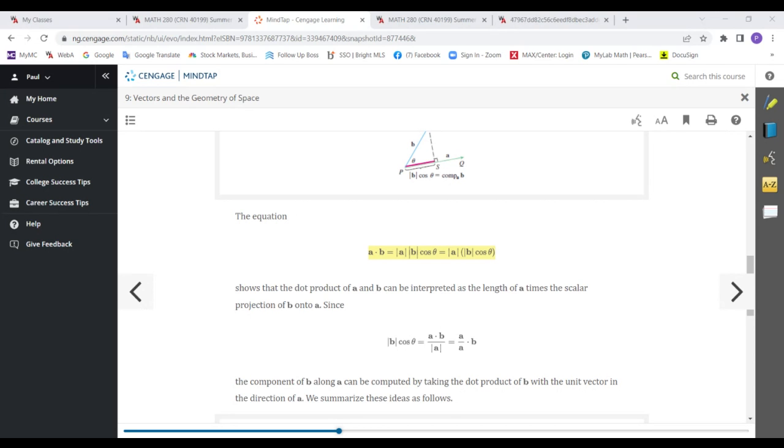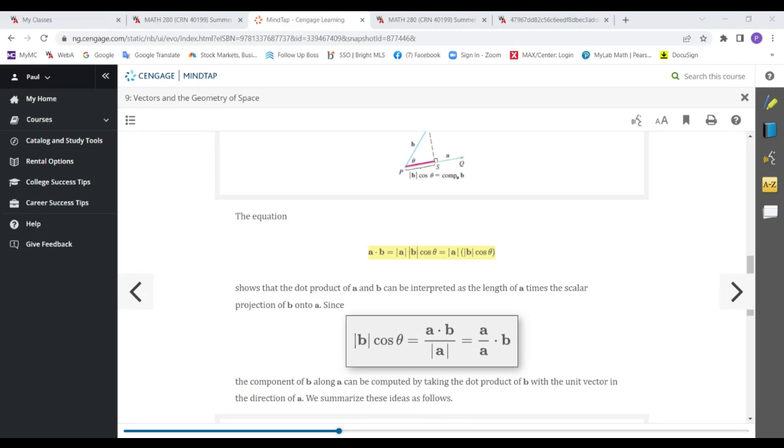They have a typo here. There's a typo in this equation.